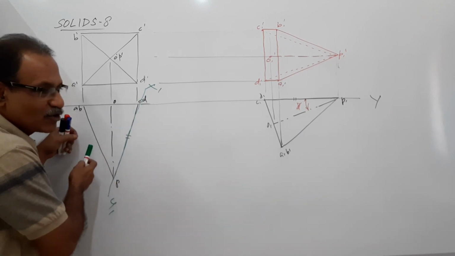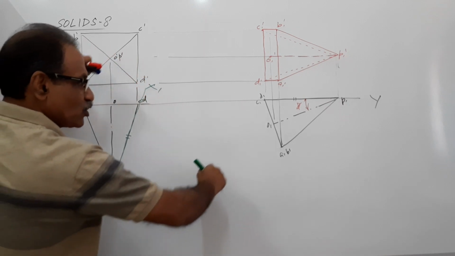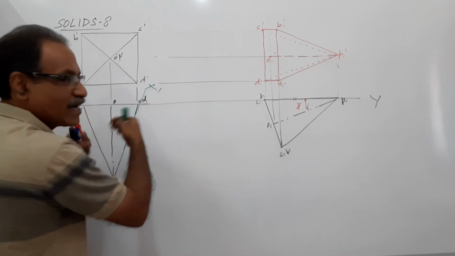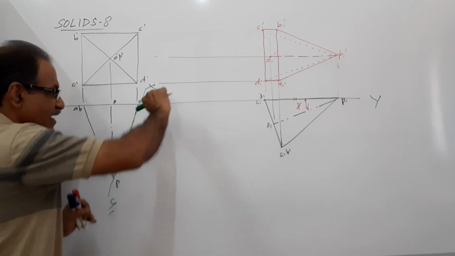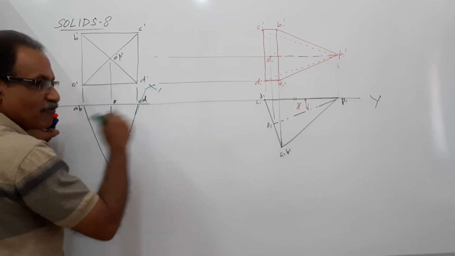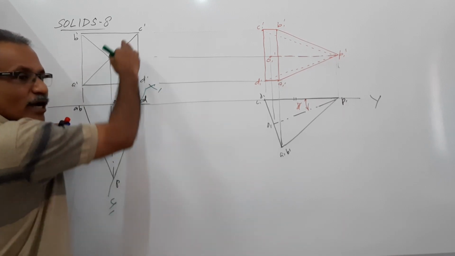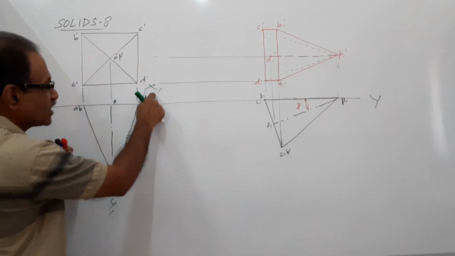This is the plan. You are going to draw an elevation. When you rotate the book, X should come on the left side and Y on the right side and plan on the bottom. If I put X here and Y here, you will have a tendency to rotate like this. When you rotate like this, X will come on the left, Y on the right, and the plan will go above XY. No, plan should come below XY. So I rotate it like this so that I put X1, Y1.